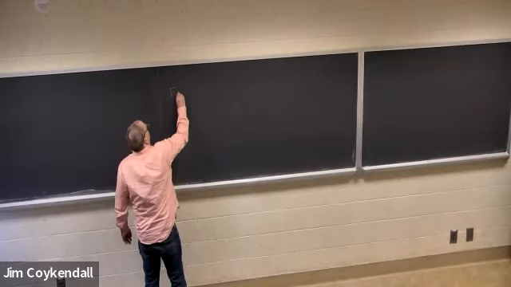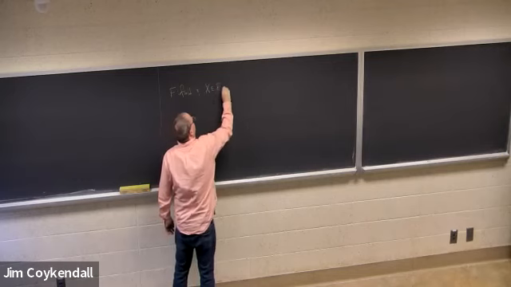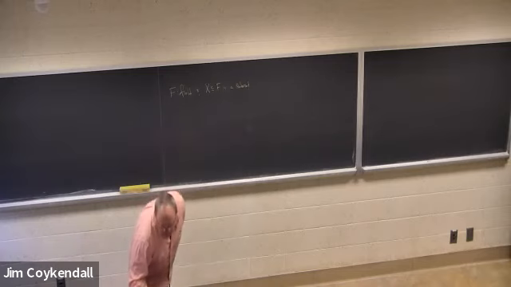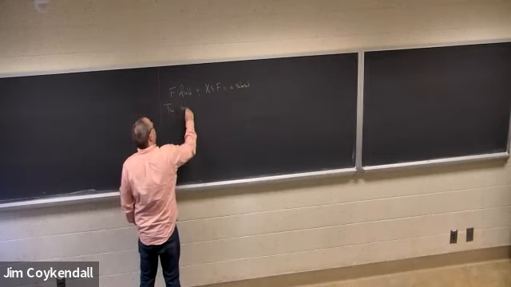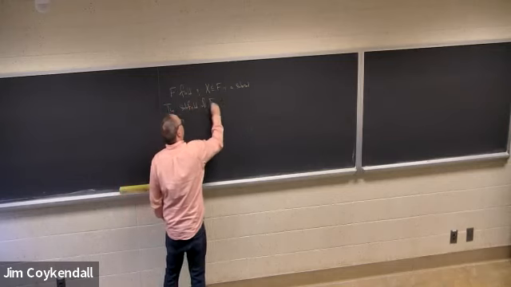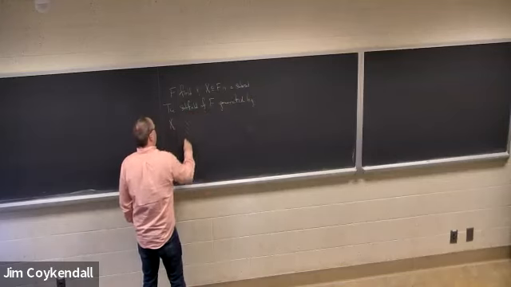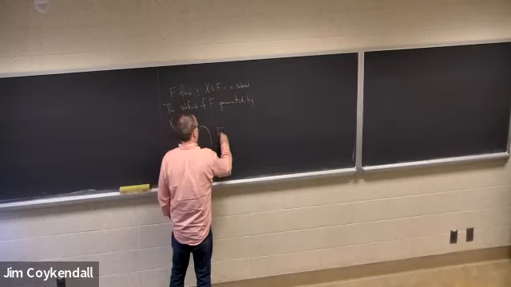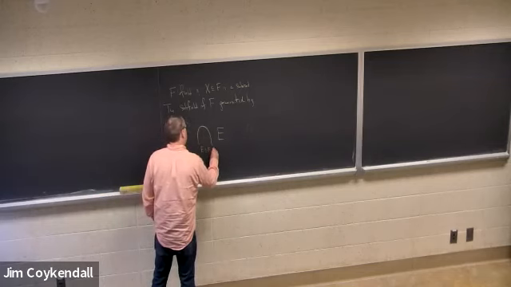If F is a field and X is a subset of F, then the notation is: the subfield of F generated by X is the intersection of all subfields of F such that X is a subset of it.